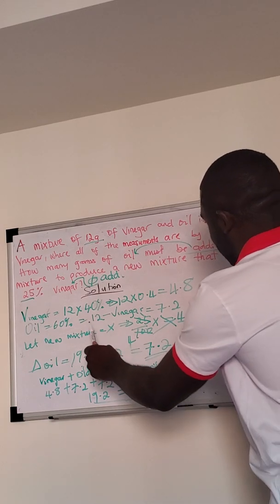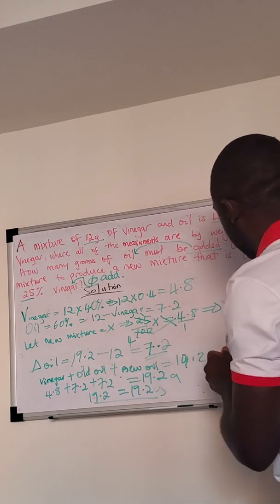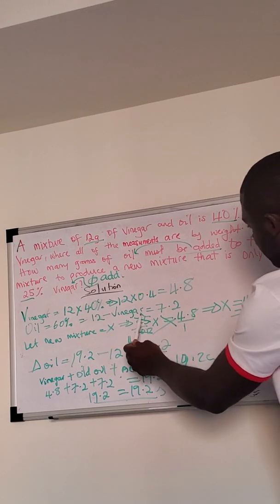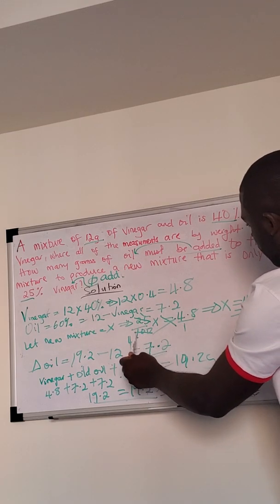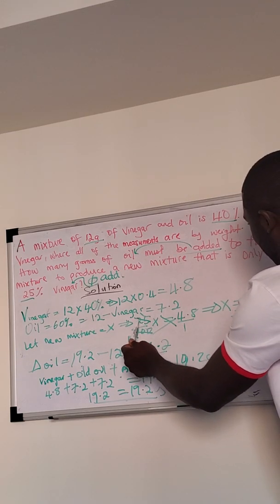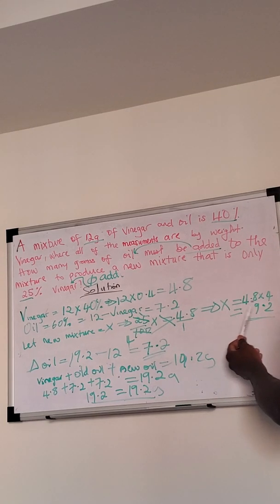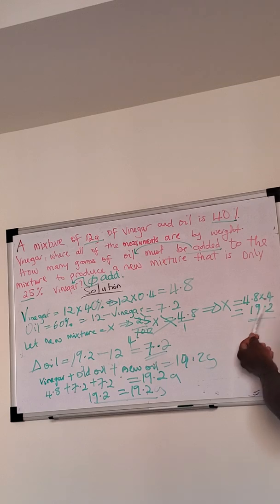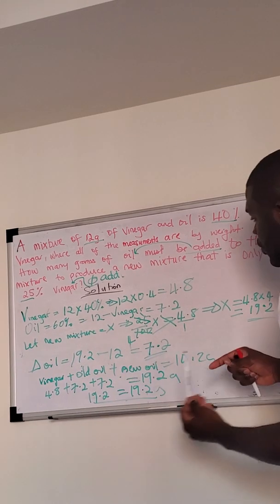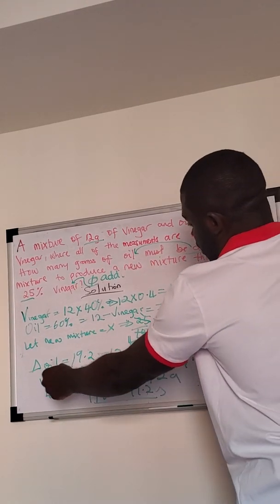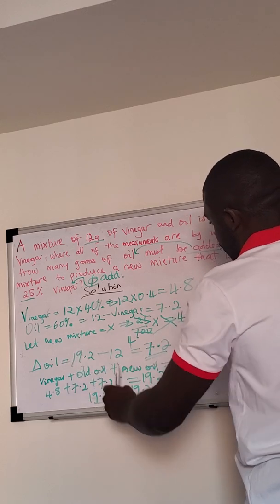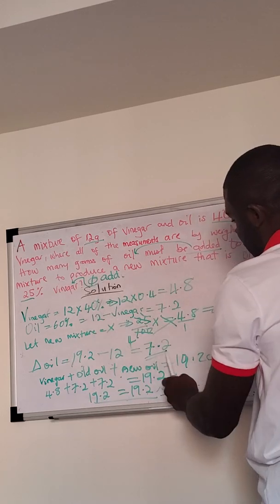And we know vinegar to be 4.8. So all we did was 25 over 100 x equal to 4.8. Cross multiply, and 4.8 times 4 gives you 19.2. That's the new mixture. To get the change in oil, it will be 19.2 minus the old mixture, 12, which is 7.2.